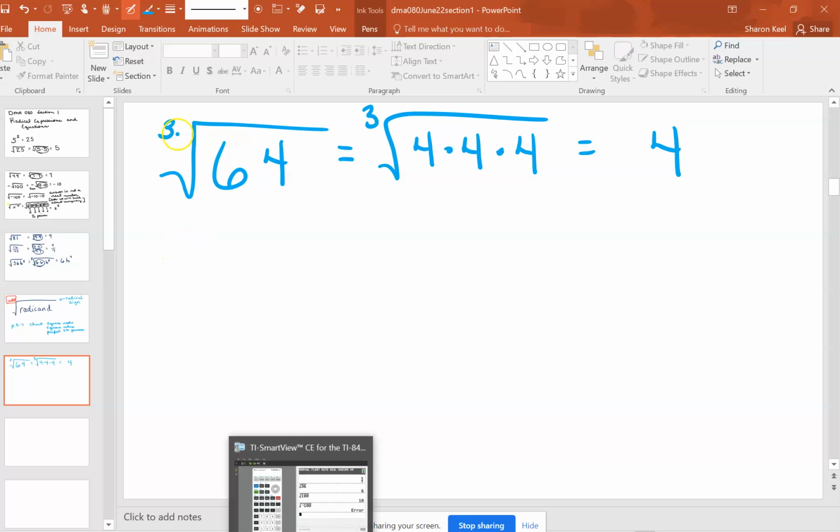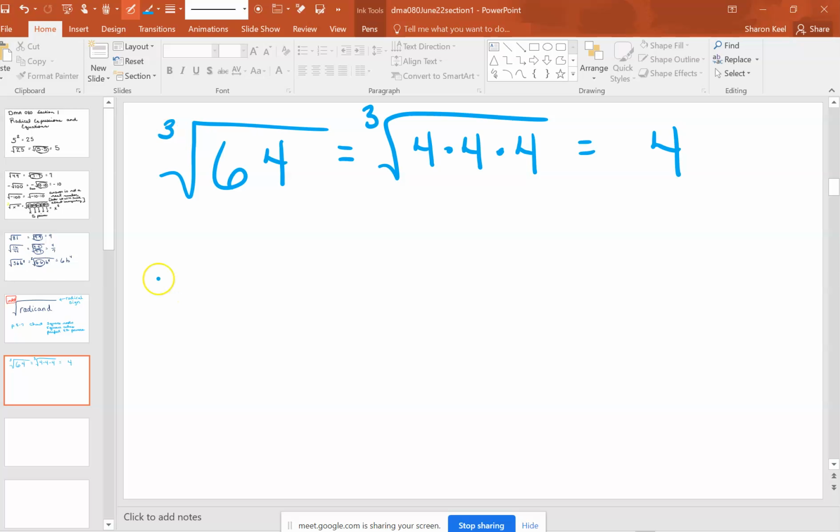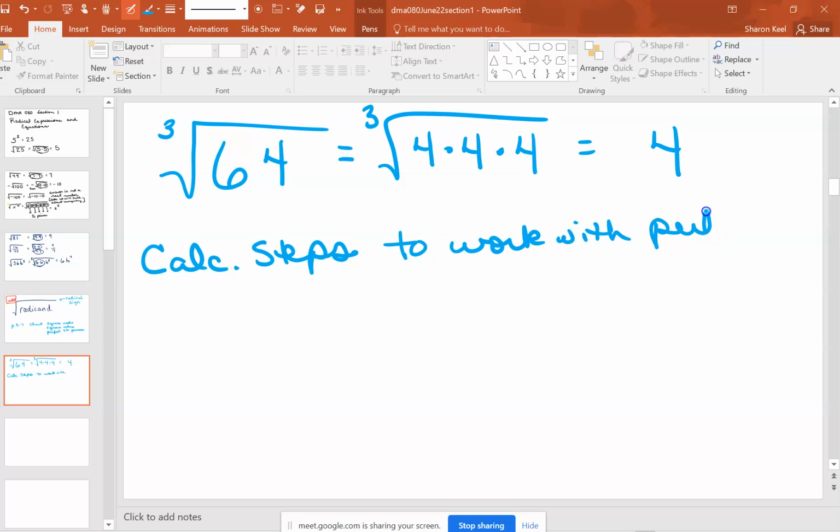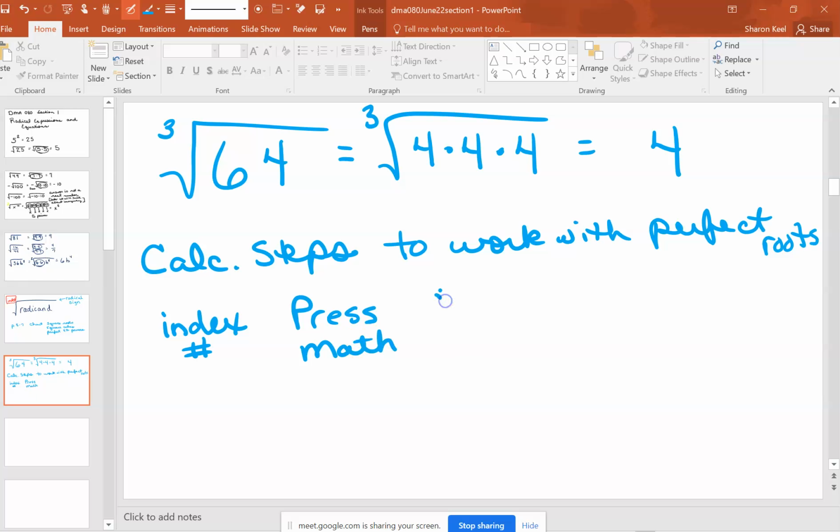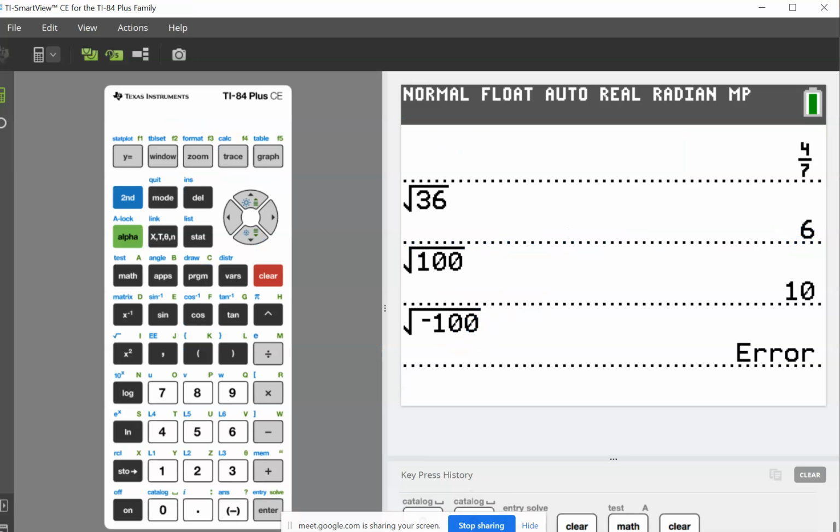One way would be, since it's a cubed root, I'm going to put here calculator steps. Now these steps are going to work with perfect roots. If it comes out evenly, this will work for you. I'm going to write here index, and then we're going to press math, and I have to look at the calculator for this.